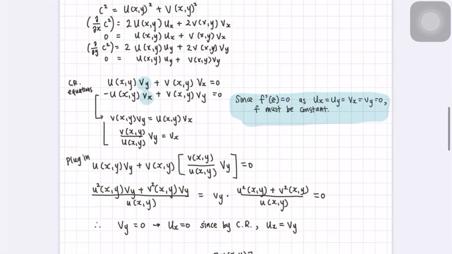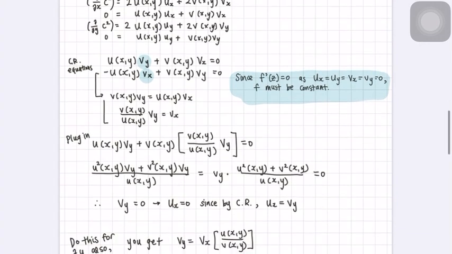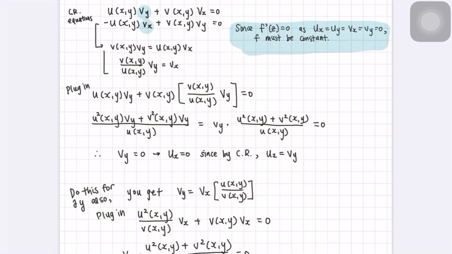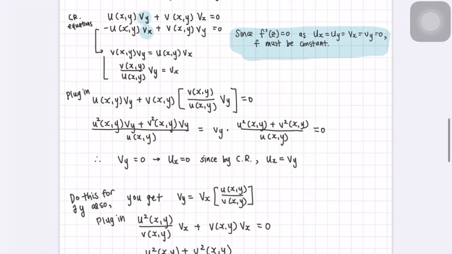And then we took the second equation and we solved for vx. So we did that, and you get vx isolated. Now you plug in the vx that we isolated from the second equation into the first equation, where you can see it up here.